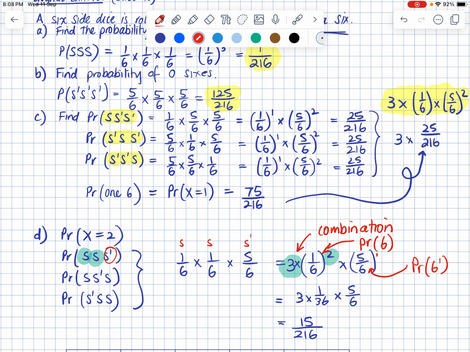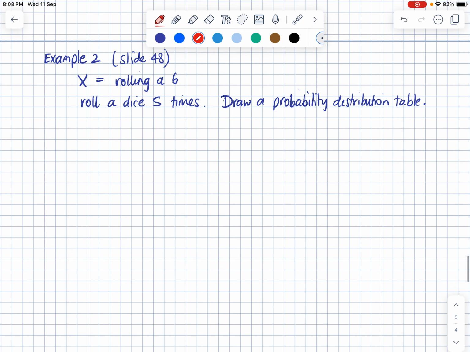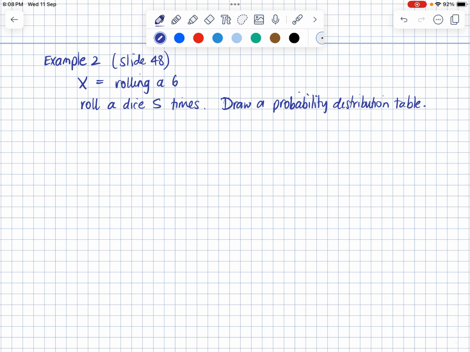So let's use that idea for our next example. Let's start with working out what is the probability that x, the number of 6s, is equal to 0. So we need there to be no 6s. Well, this one's easy. How many ways can I get 0 6s?